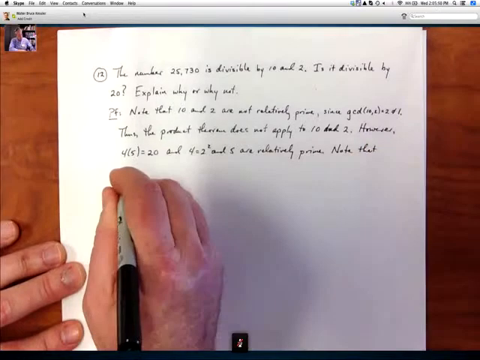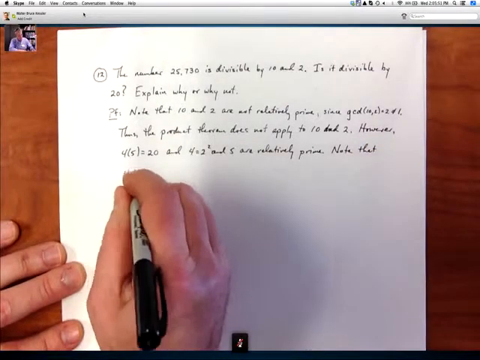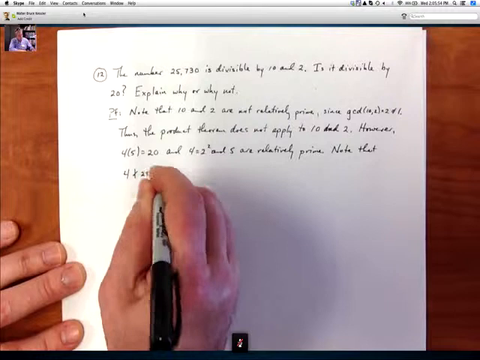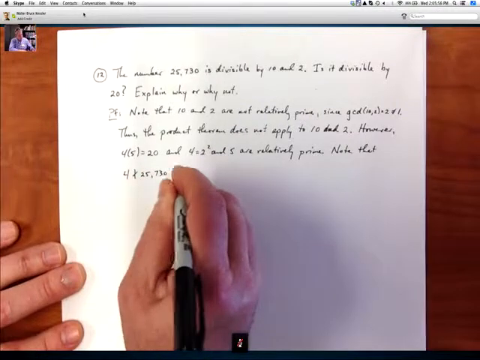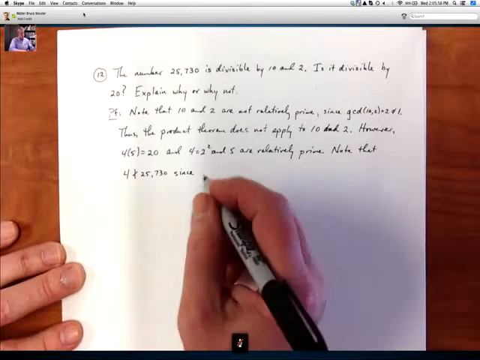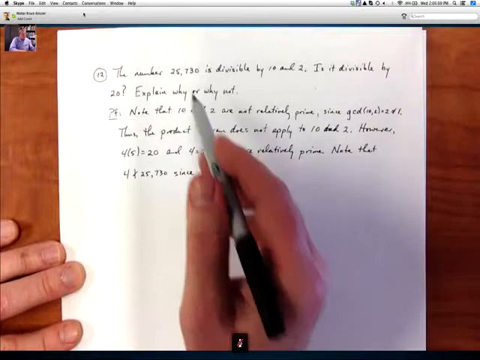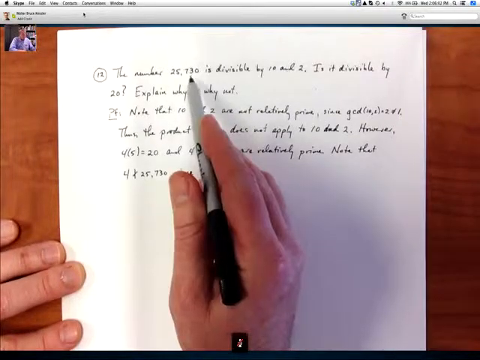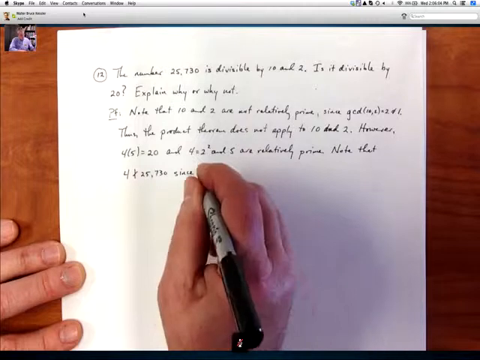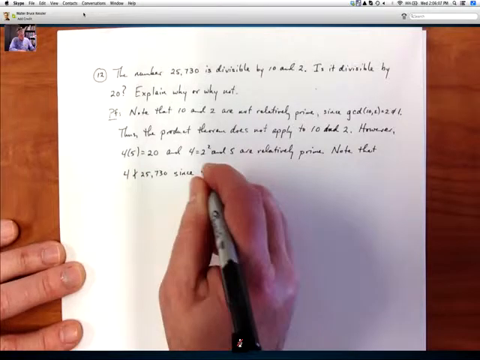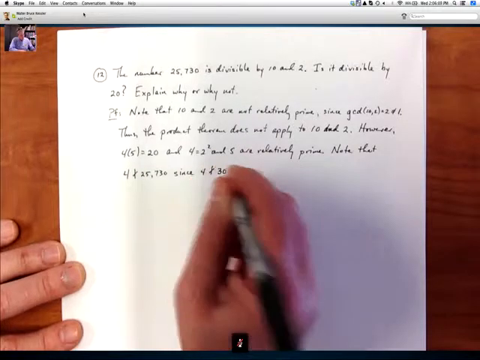Note that 4 does not divide 25,730, since, and we've actually got 2 tests on this, you can say 2 times that is 6, or you just look at the last 2 digits, since 4 does not divide 30.